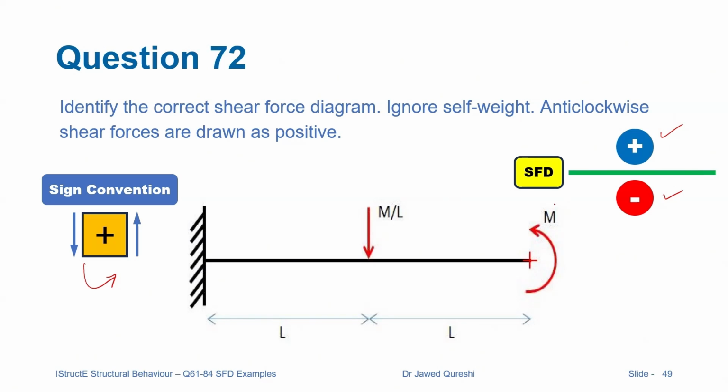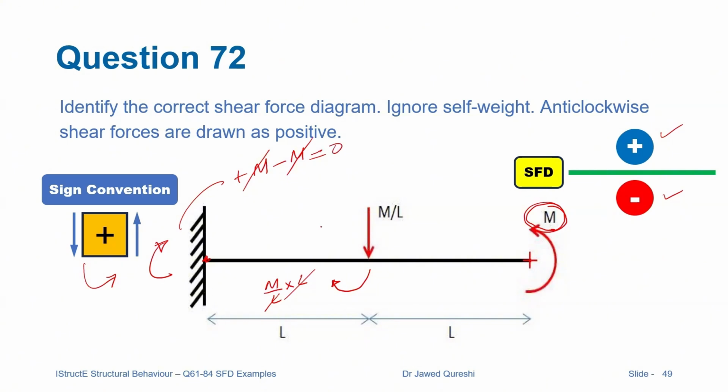Note one thing over here: the moment generated here is anti-clockwise, and M over L is a force, and that force is generating a clockwise moment with respect to the fixed support. M over L times L will generate a moment of M. So in the system, the reaction moment over here, M plus M and negative M, will cancel each other.